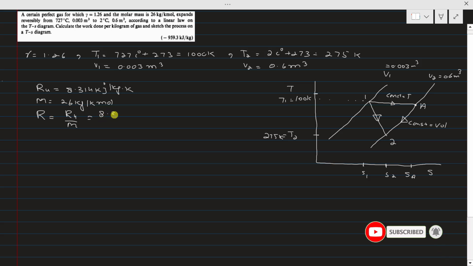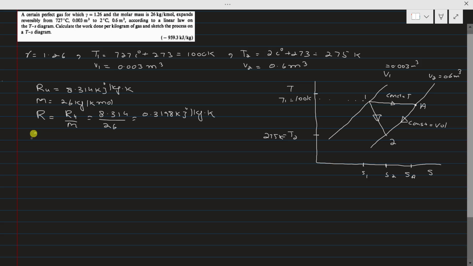So 8.314 divided by 26 and you will get its value, that is 0.3198 kilojoule per kg Kelvin. We need to find the Cv value also, which we'll use in process A to 2 to find its change in entropy.